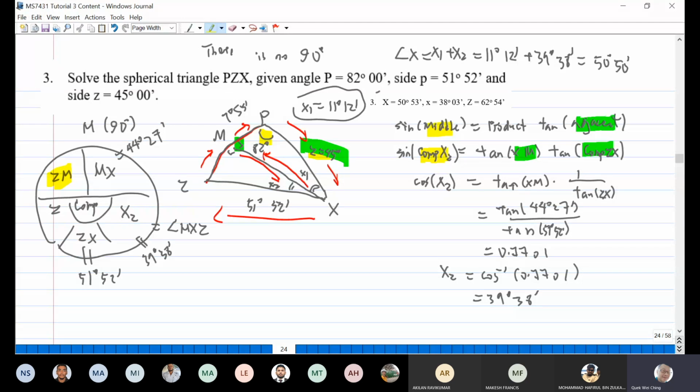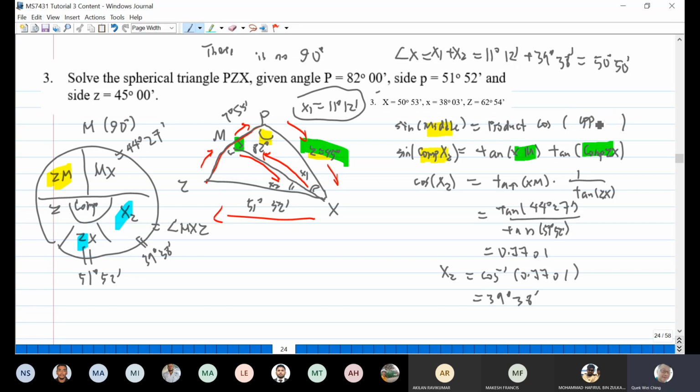If you want to find ZM, you have to use opposite now. ZM, no choice because you don't know what is Z yet. So find ZM first. So middle part is the product of cosine now. Cosine is about opposite now.